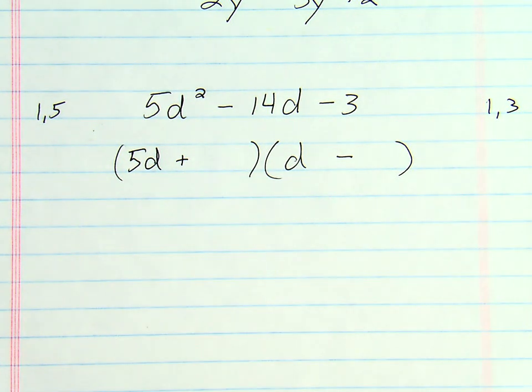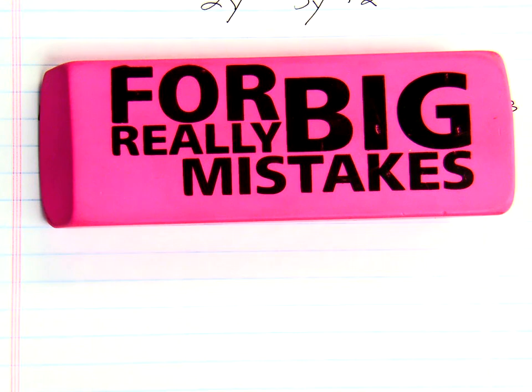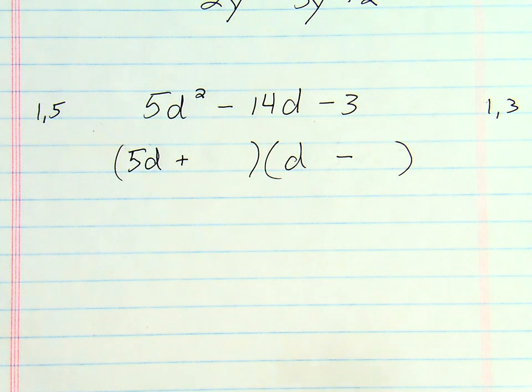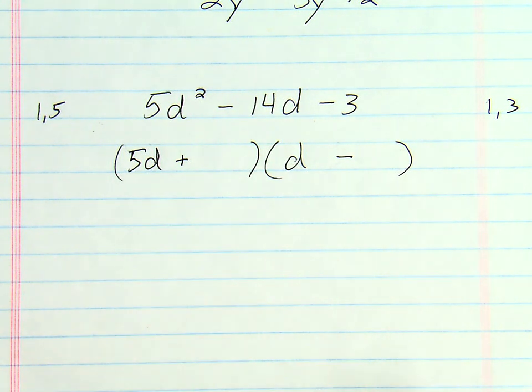Now, okay, I kind of jumped the gun. This is not really that big, but it is kind of a big mistake. Okay, this is basic. Don't jump the gun. I need to make sure that I'm putting everything in the right place.